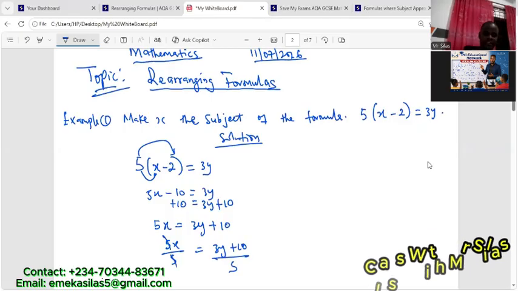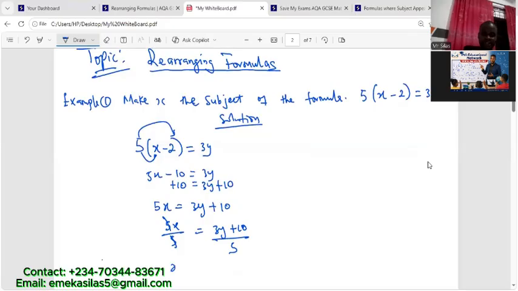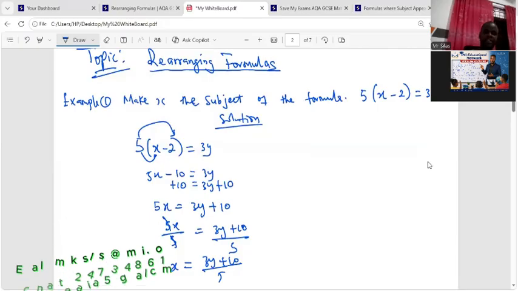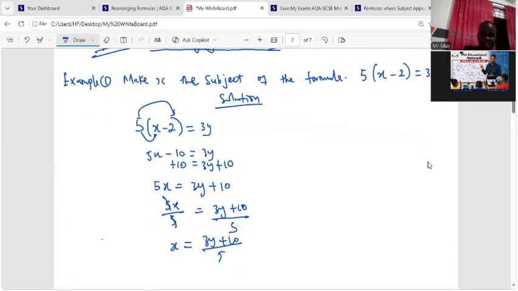The 5 cancels out, and then you have x equal to 3y plus 10 all over 5. So we have succeeded in making x the subject of the formula, and this is the answer: x equal to 3y plus 10 all over 5.